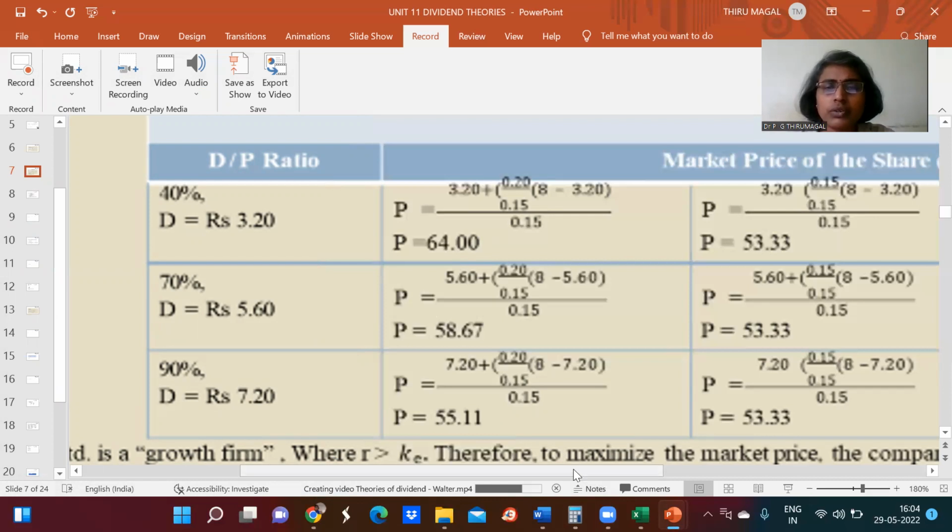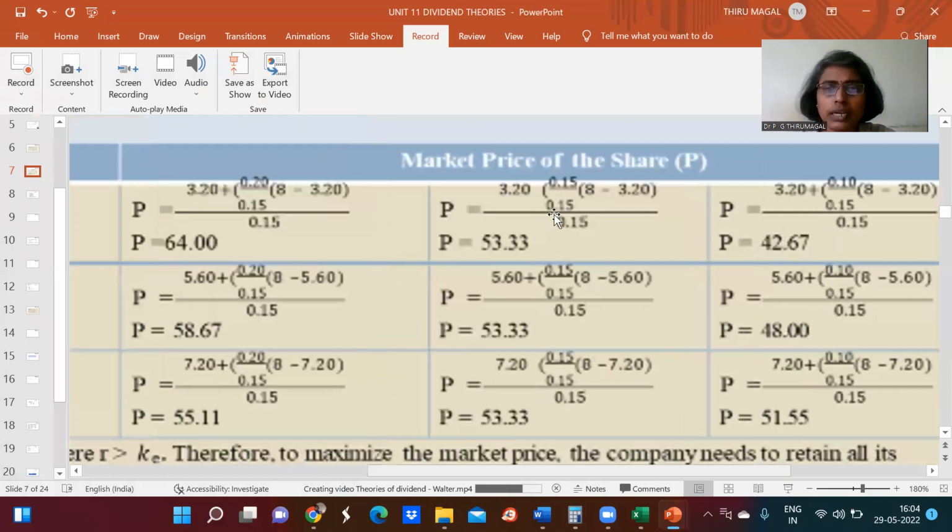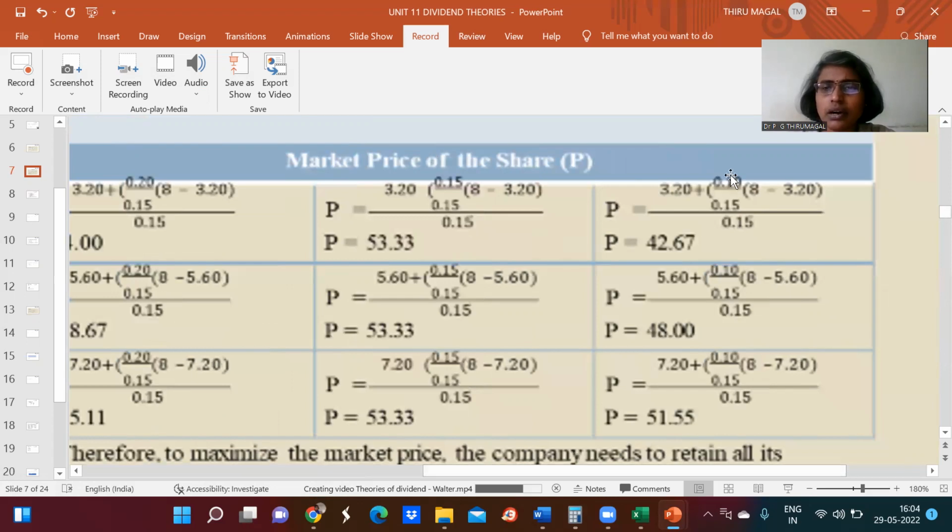The similar way we have to do it for company Y as well as company Z, the next two companies. Here also you can see the dividend amounts are the same. The only difference is the R value and K value. In company Y, the R value and K value are the same. For company Z, the R value is 0.10 and the K value is 0.15.